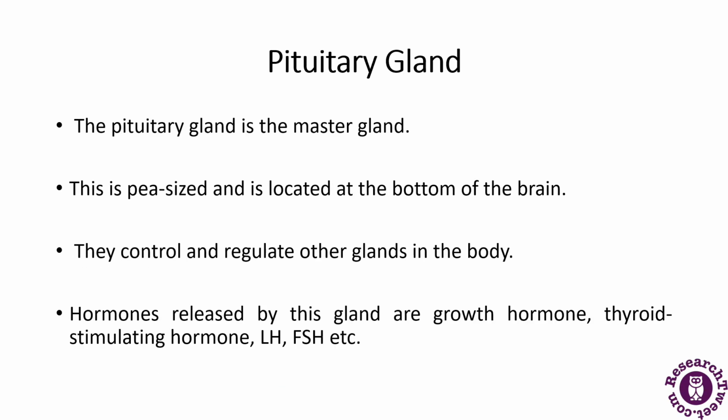Next comes the pituitary gland. This is your endocrine system's master gland. It uses information it gets from your brain to tell other glands in your body what to do. So this is the master gland. It makes many important hormones. Now what are these important hormones?